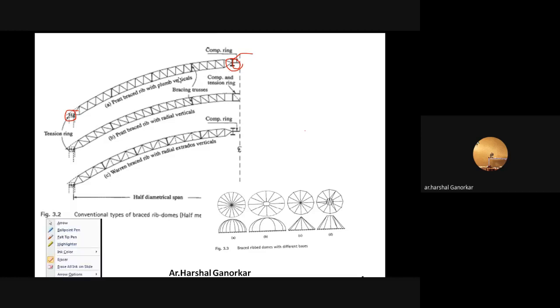In one type you would see this vertical member, and hence it is called vertical member vertical.